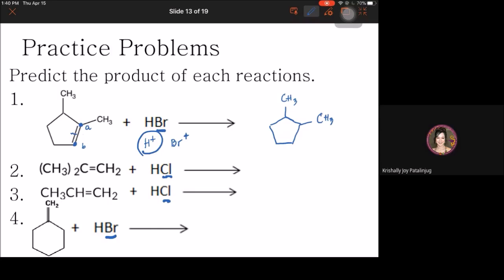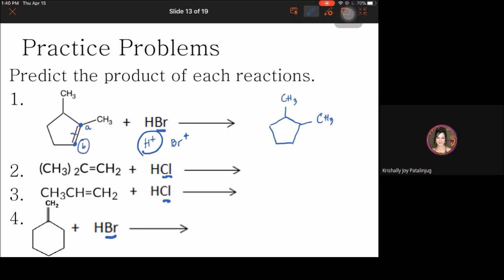Okay. What does Markovnikov's rule say? Di ba, Markovnikov's rule, it should go to the carbon that has more hydrogen. Alright, very good, carbon B. This is a skeletal structure.